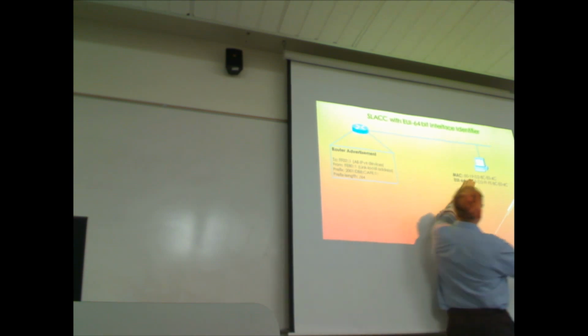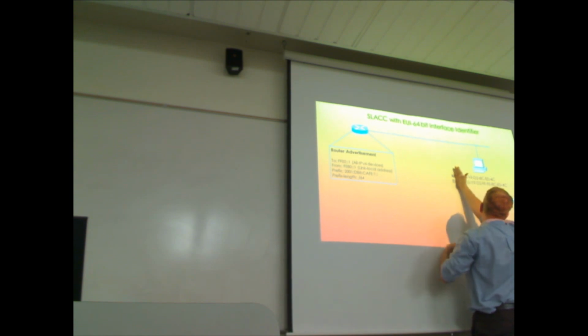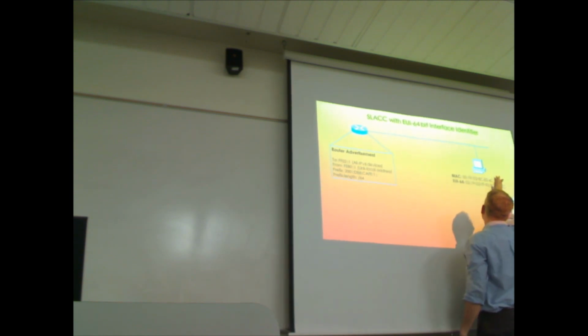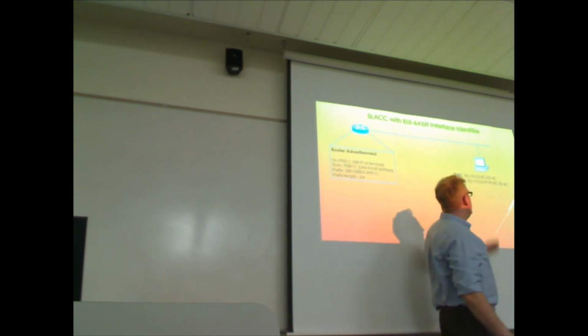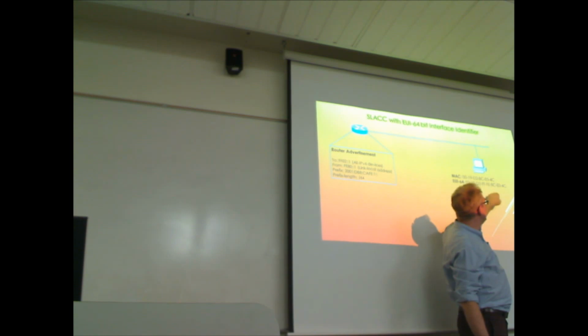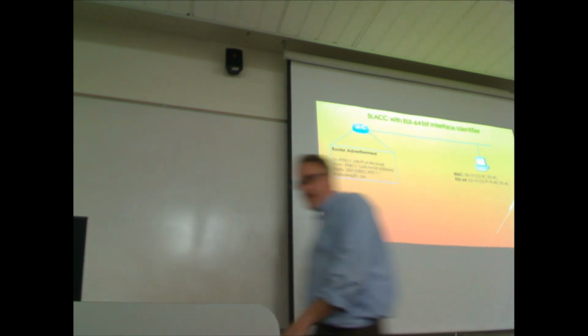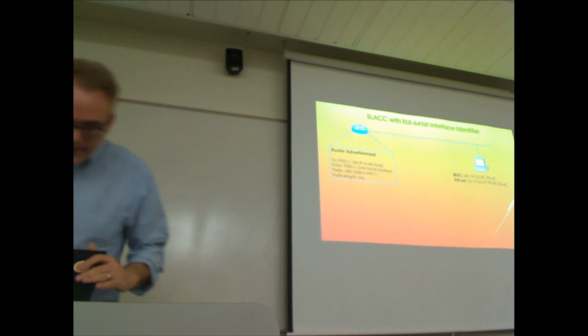Basically, I've split this address up between the OUI and the vendor serial number, and at this point it's 48 bits. So I have to cram in 16 more bits, in which case all you have to do is add an FF and an FE right in the middle.